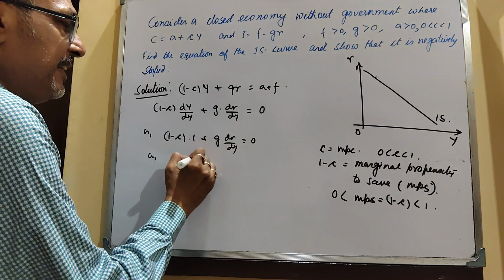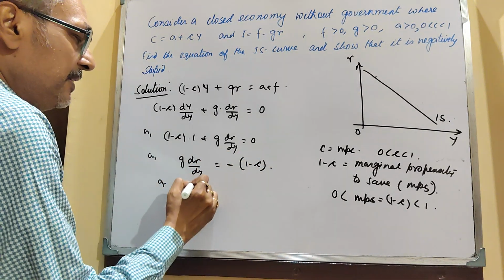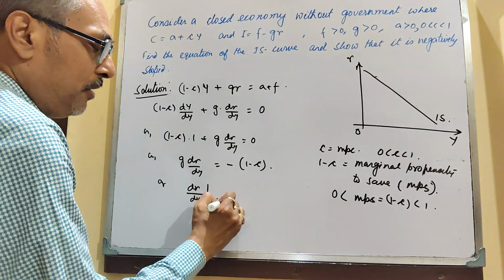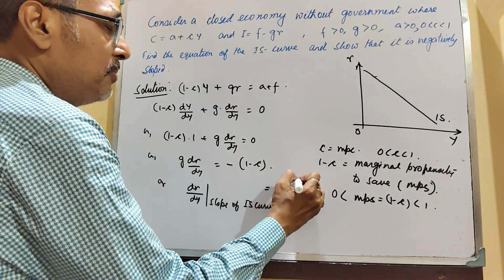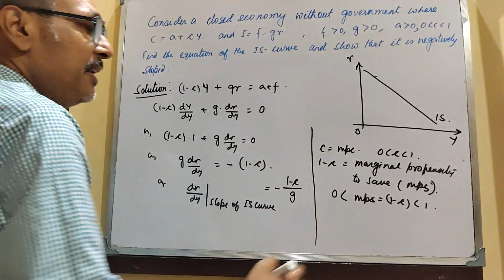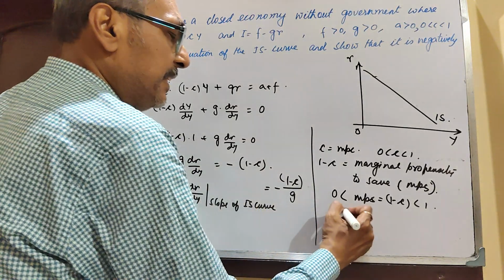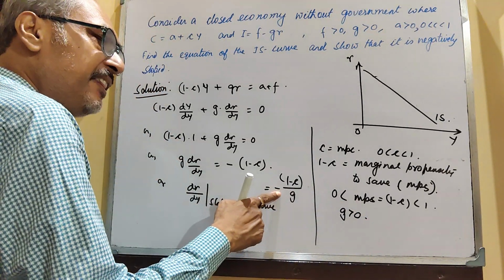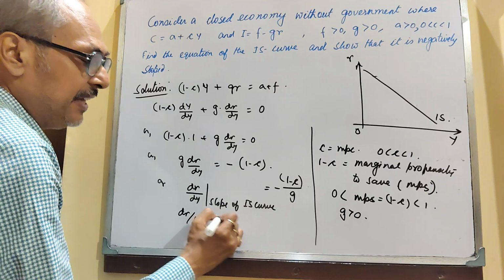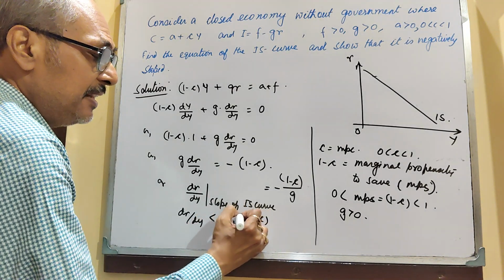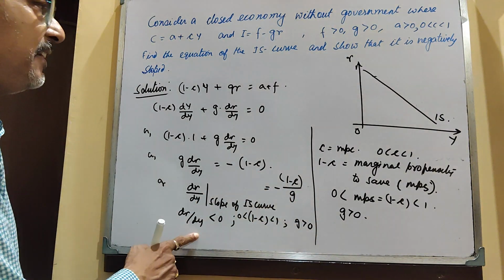So G dr by dy equals minus (1 minus small c), or dr dy, the slope of the IS curve, equals minus (1 minus small c) by G. Since 1 minus small c lies between 0 and 1 and G is positive, with the negative sign dr dy is negative.